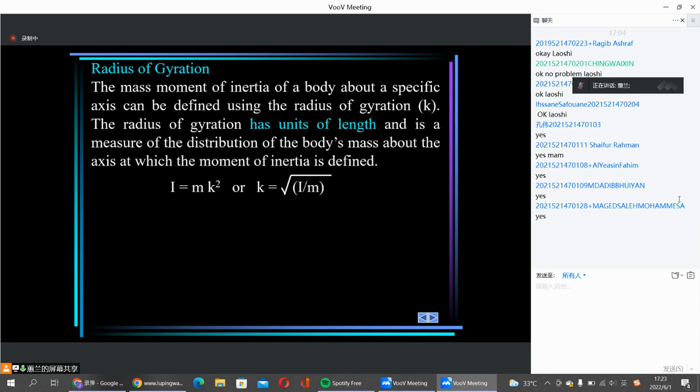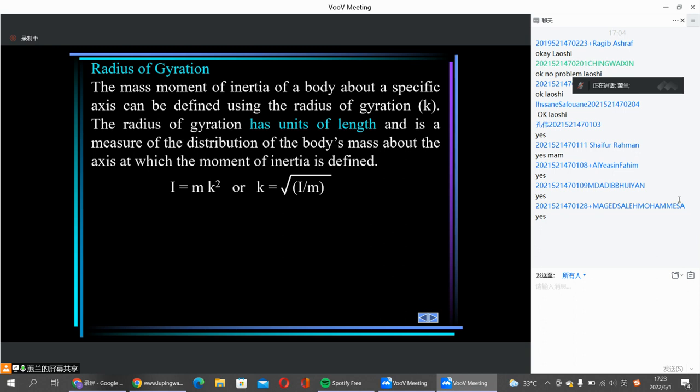So what does this mean? This means that if the total mass of the rigid body is concentrated at a point, then the distance from the axis to the point will be equal to k.